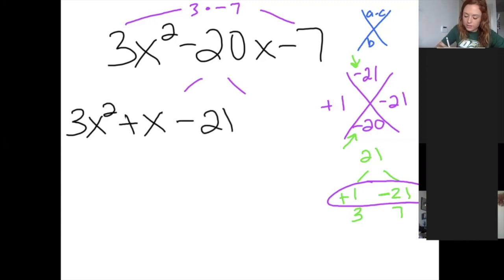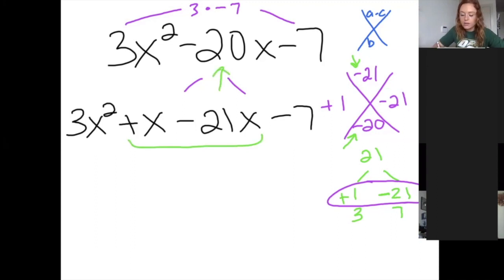Minus 21x minus 7. So you drop the a and the c just like you had them, but break apart that middle piece with these numbers and put an x with them. Mathematically we didn't change the equation, because if I were to put these back together, it would get me back to that 20. So it's okay, we can do this.